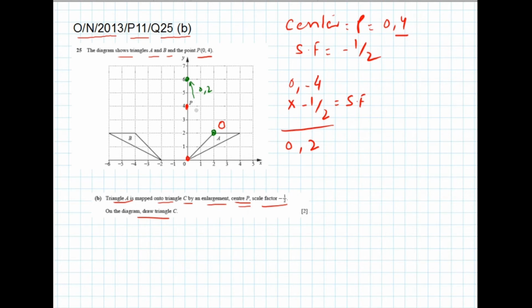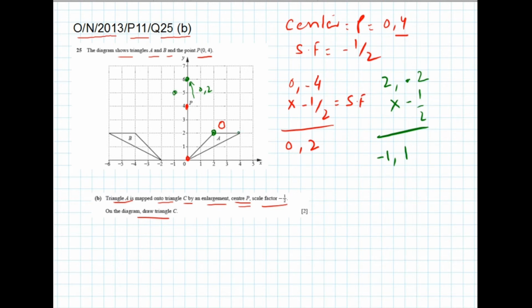From center of enlargement P, the object distance of second vertex is 2, -2. Now multiplying with the scale factor, which is -1/2, we get the image distance from center P, which is equal to -1, 1, plotted on the diagram as shown.